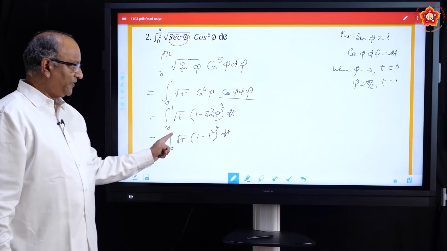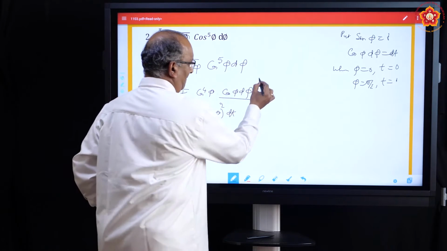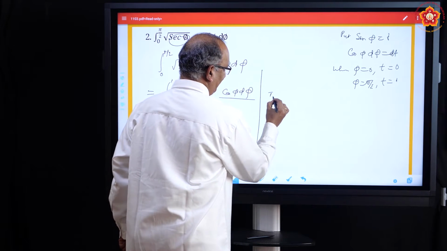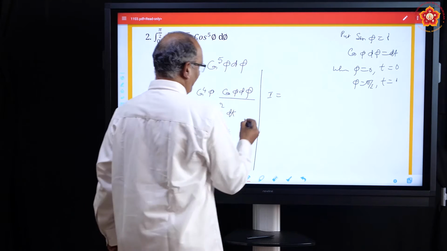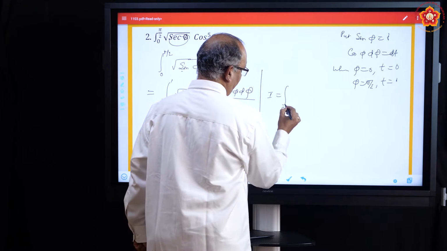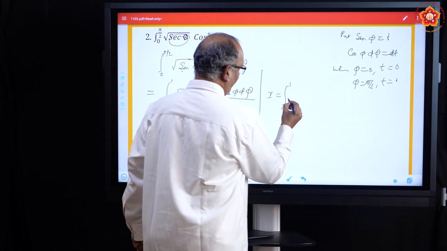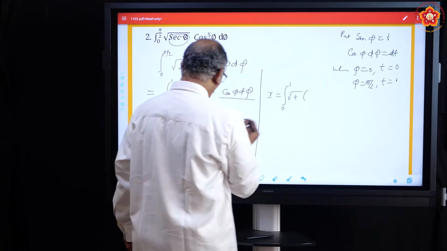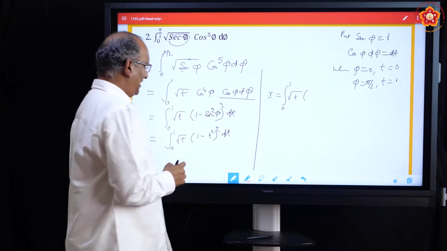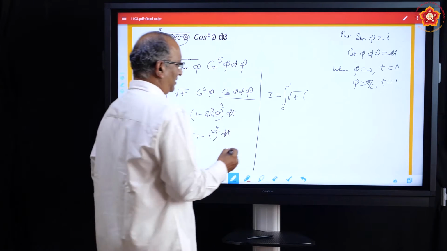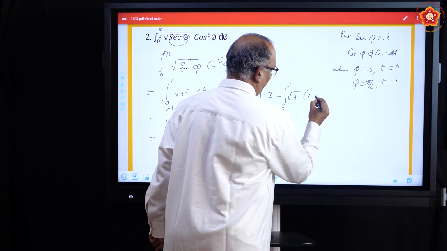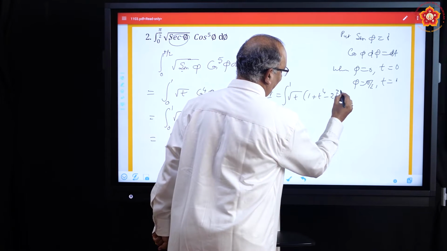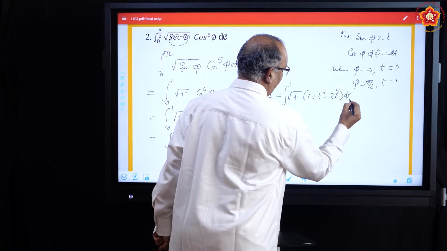Now what we do is we open the bracket. So it can be written as 0 to 1 under root of t, and then open this bracket. We will apply the (a minus b) whole square formula. As a result, we get (1 plus t to the power 4 minus 2t square) dt.